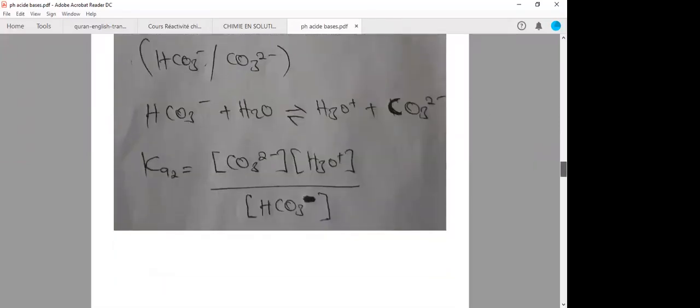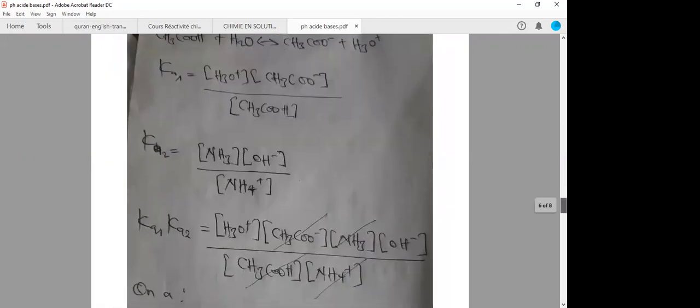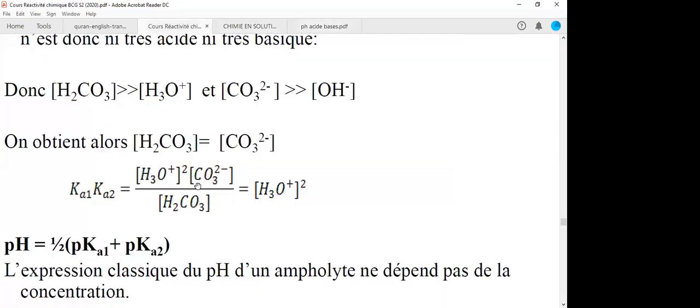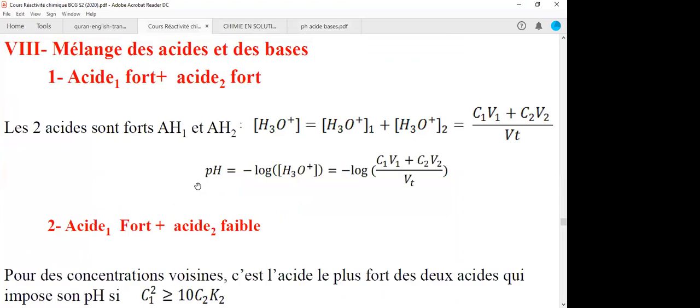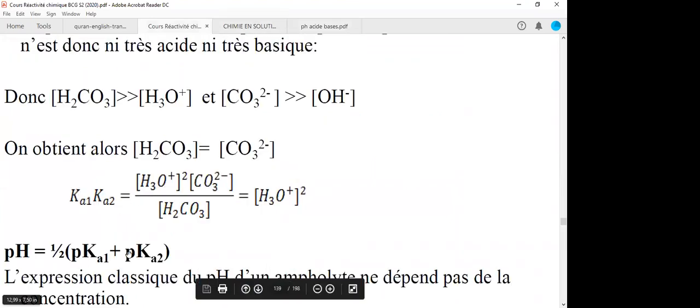We came up with the pH of an ampholyte here. I was explaining this, which we are going to look at later on. So when you have an ampholyte, this is how we find the pH of that solution. So we are going to move on.